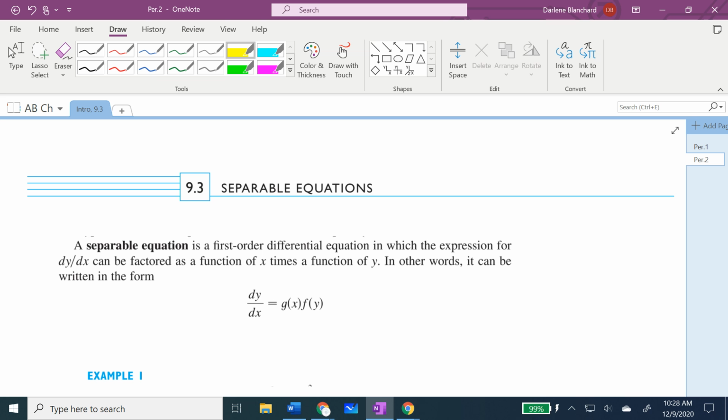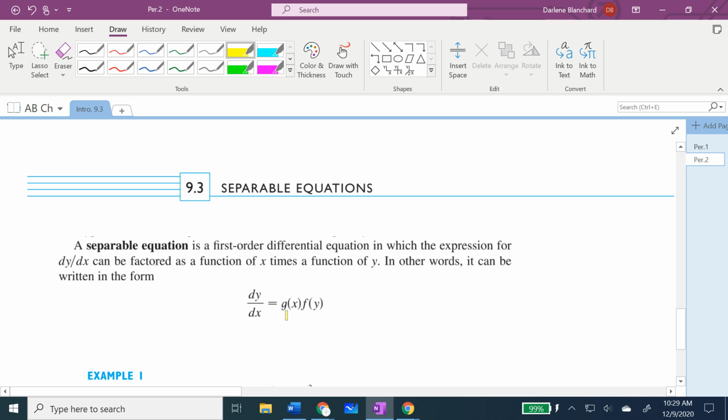Be aware if you decide to try problems I didn't assign, you might run into advanced integration techniques from chapter 7 that I never taught you. So be aware of that if you are trying to do other problems in the textbook. I'm specifically assigning you problems that you have the integration skills to work with.